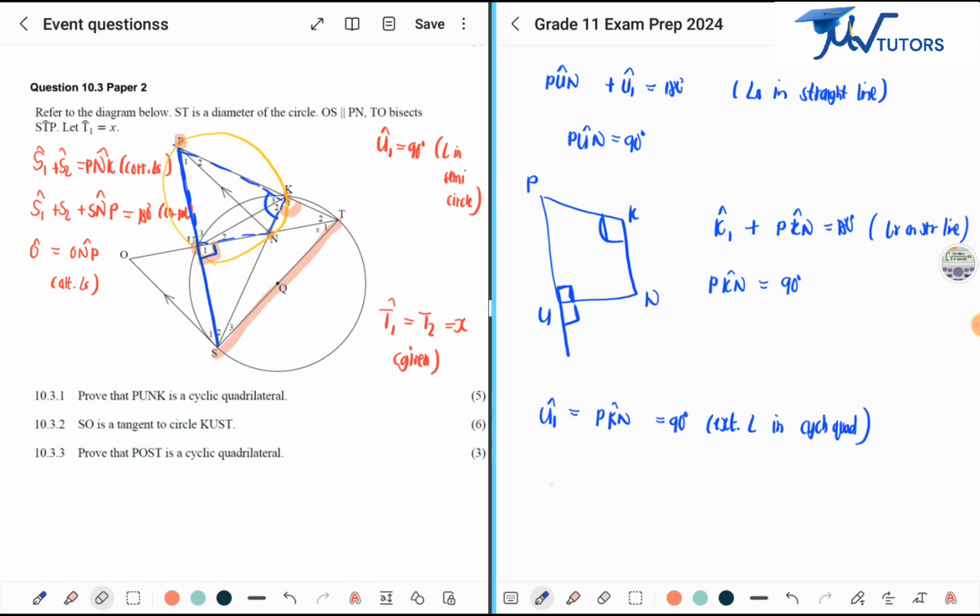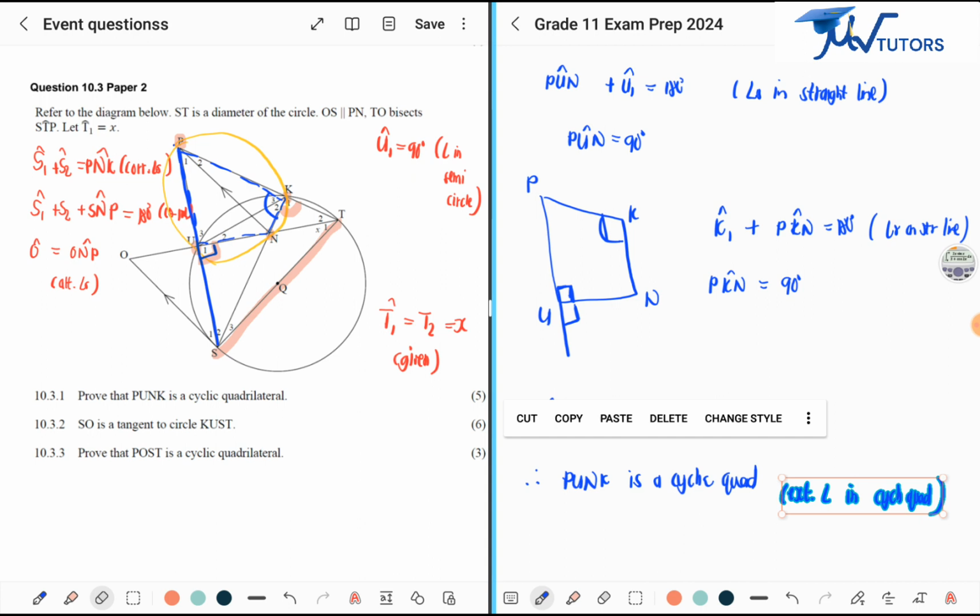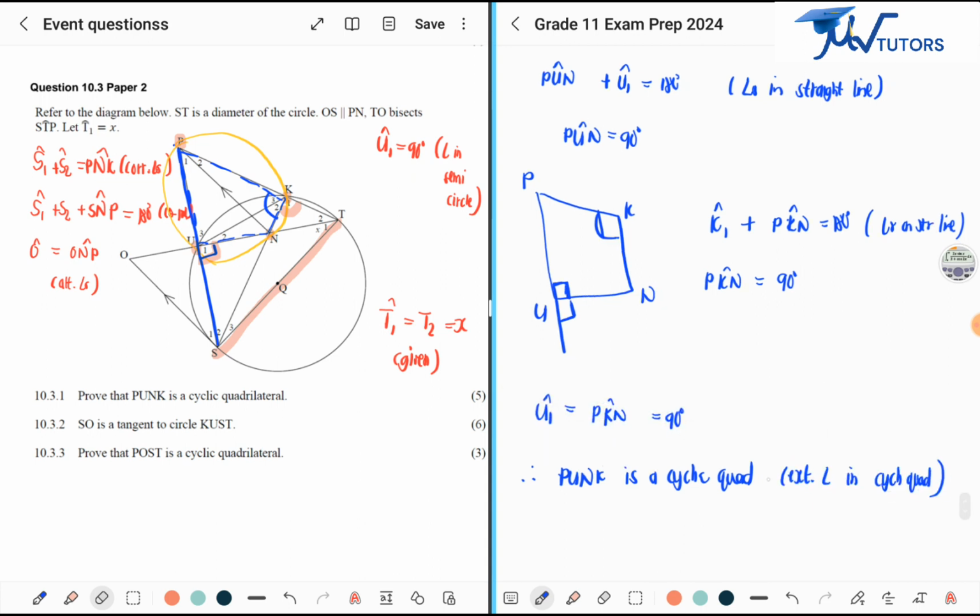All right, therefore, no, before we even get there, I'm trying to prove that this is a cyclic quad. So because U1 is equal to PKN is equal to 90, therefore we can say that PUNK is a cyclic quad. And why is that? That is because of the external angle in a cyclic quad.